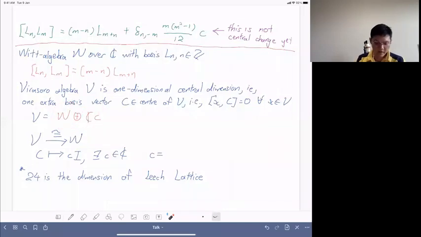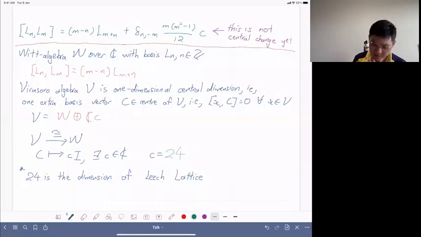Okay, so when you send C to some value, I assume there's some canonical C you can pick here, where this C should be 24 if we look at our vertex algebra. Okay, this 24 is quite interesting, right? So this VOA is actually built out using the Leech lattice. 24 is the dimension of the Leech lattice.